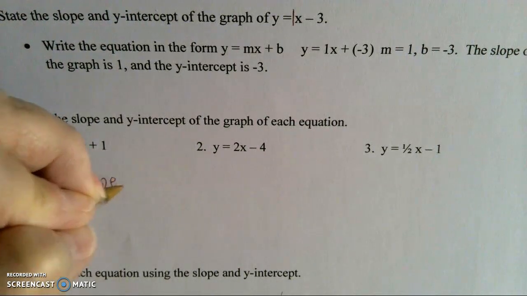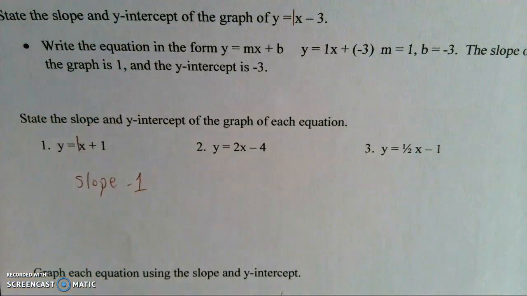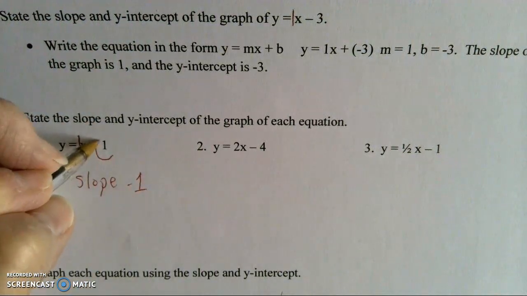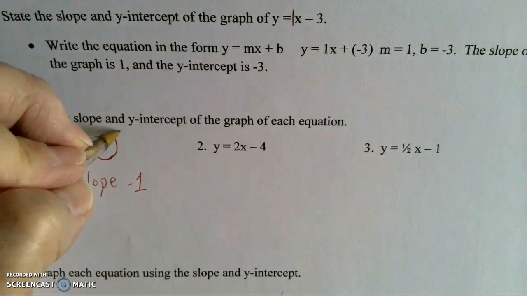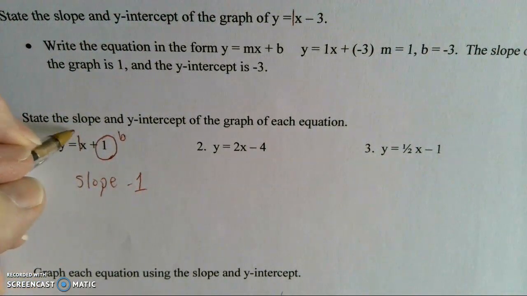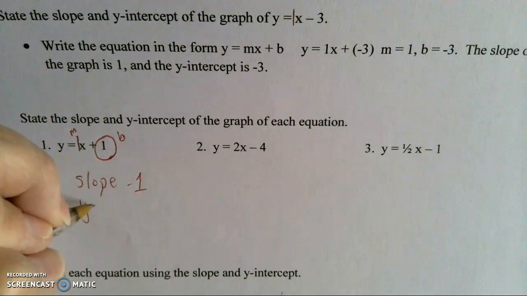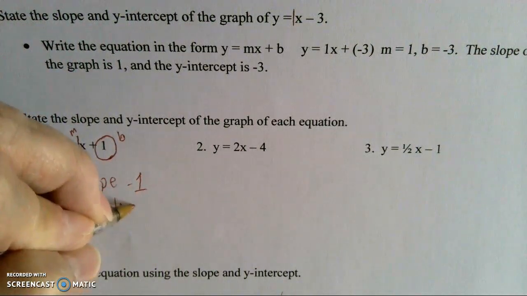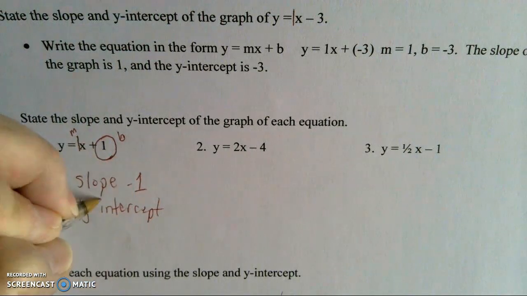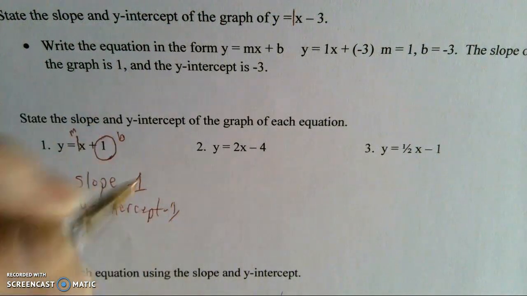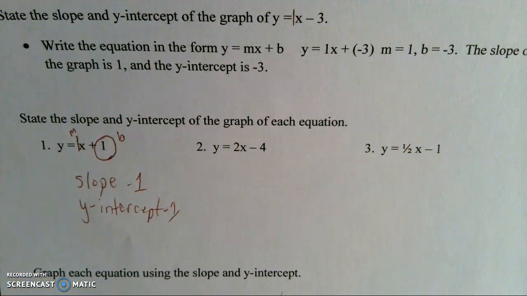The slope of this line is 1. And then that plus 1, or plus b, is the y-intercept. So my y-intercept is also 1, and that's where it crosses the y-axis.